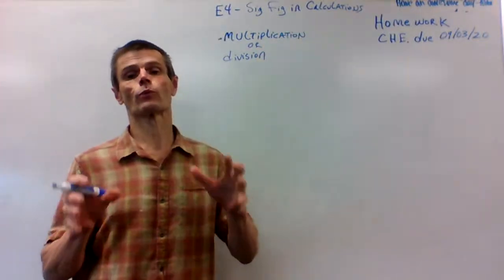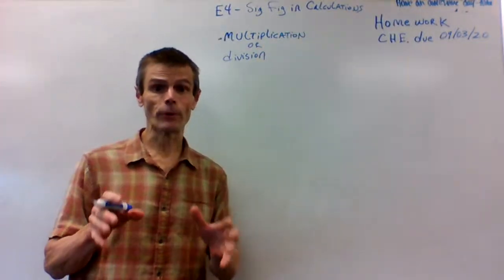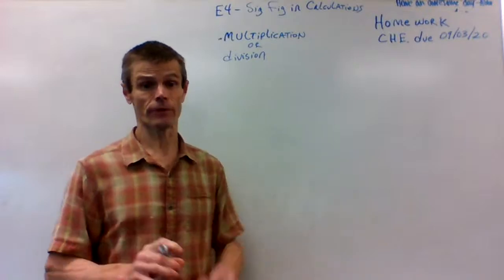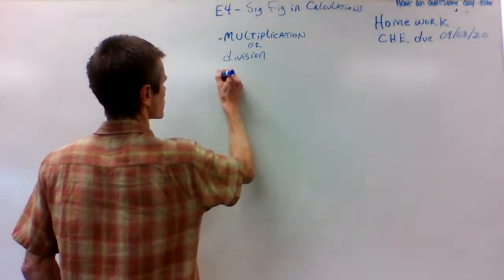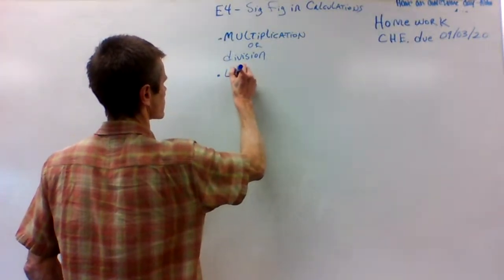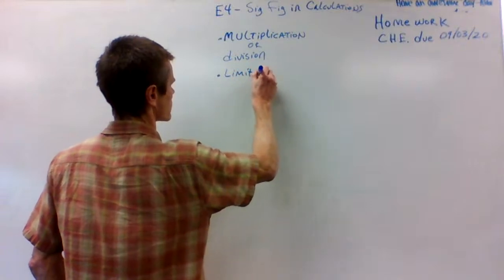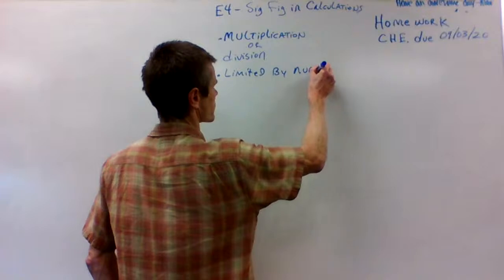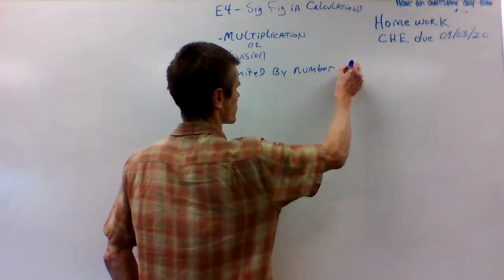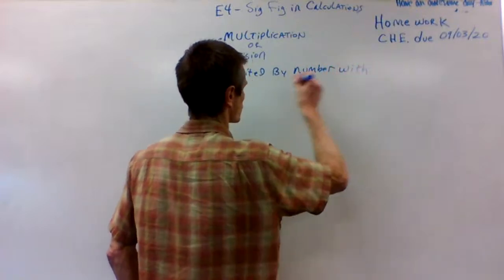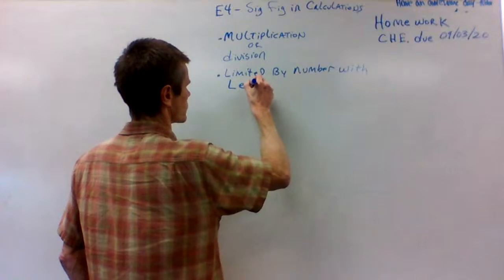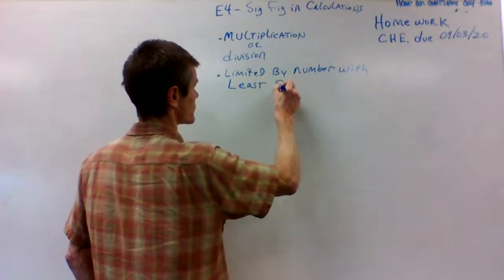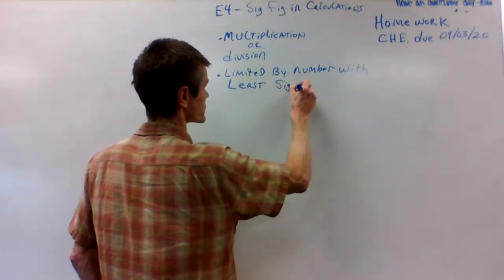In these steps, we're limited by the number with the least number of significant figures. And I'm just going to write least sig figs. How's that?